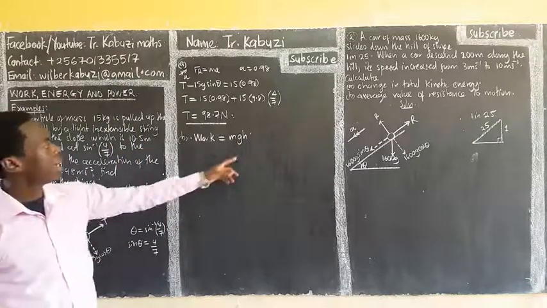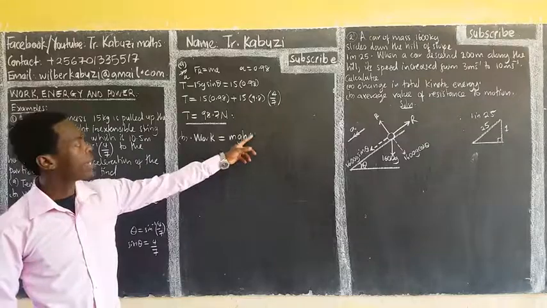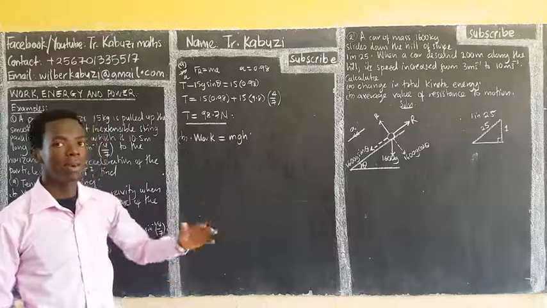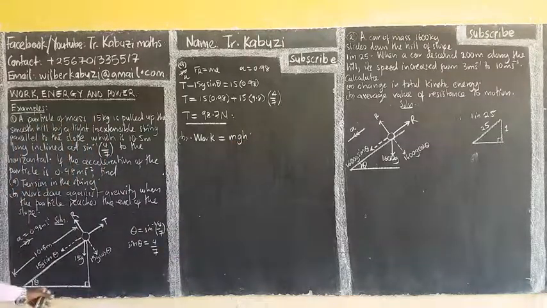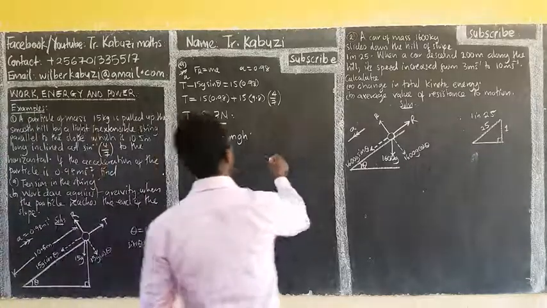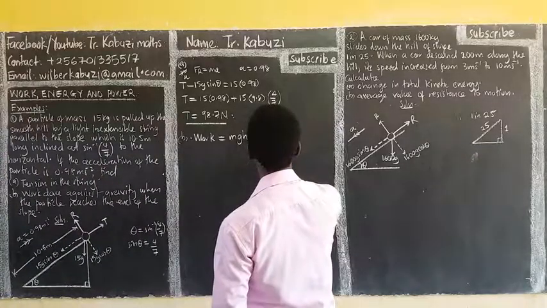This work done is always against gravity, so we need the height at which that particle is going to be from the ground. So if we consider this, now I'm going to be having such a case here.